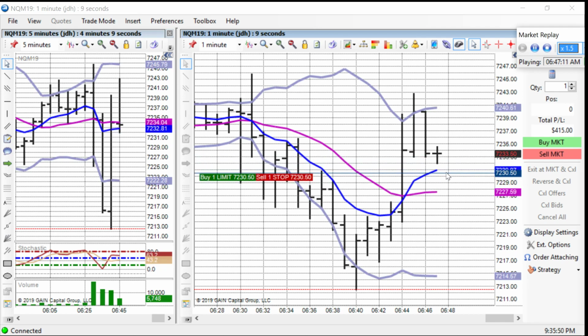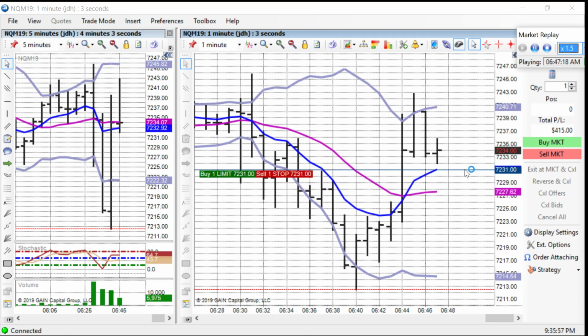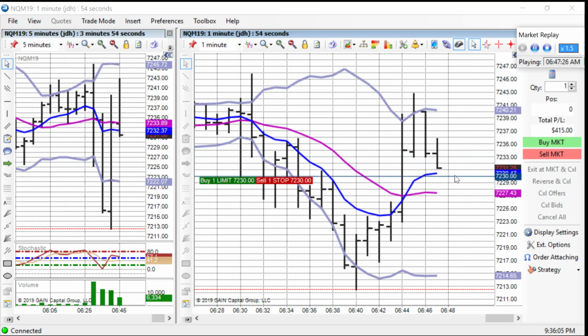When that hits the 80 MA line on the 1-minute chart and is starting to curve downward, that tells me what it's wanting to do. If it's starting to curve downward, I'm saying, okay, I'm expecting a reversal, as you would expect in a trading range.